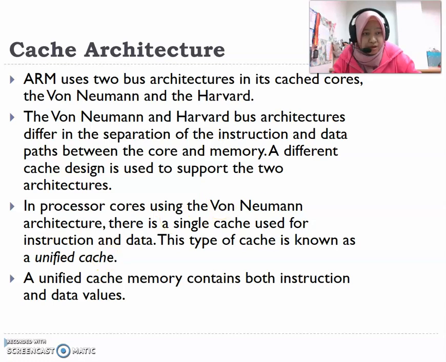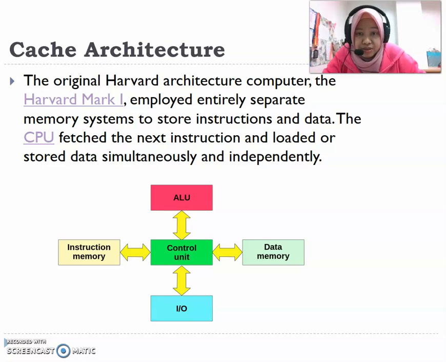But for the Harvard architecture, as you can recall, it has different memory spaces to store the instructions or program and to store the data. So in this kind of architecture, it needs two caches to support each of these memory accesses in the system.